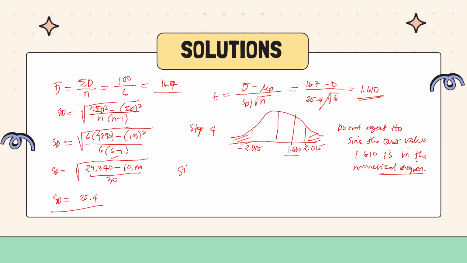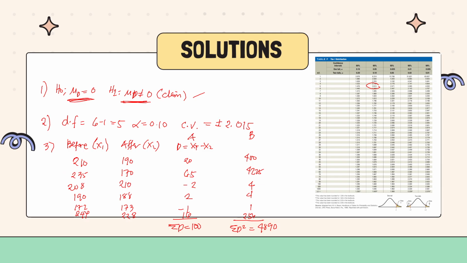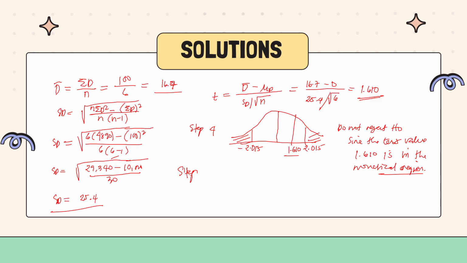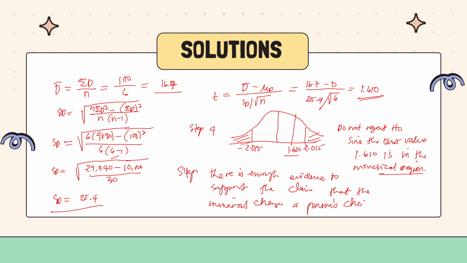In step number 5, we look at whether our claim is our H1. Since the null hypothesis is not rejected, you could say that there is not enough evidence to support the claim that the mineral changes a person's cholesterol level.